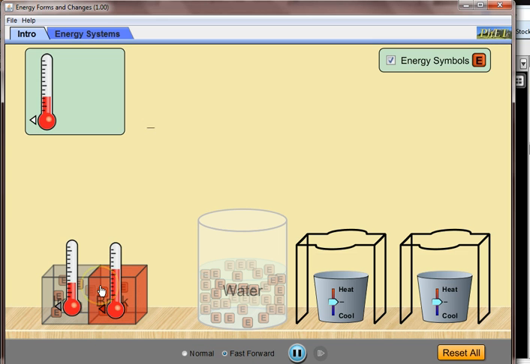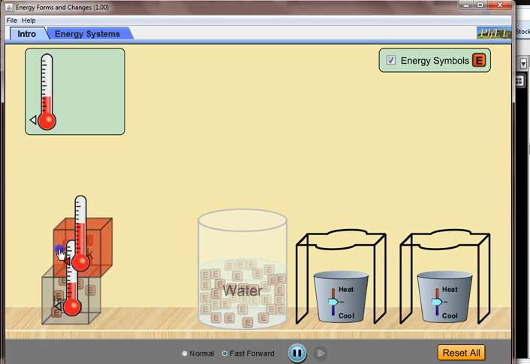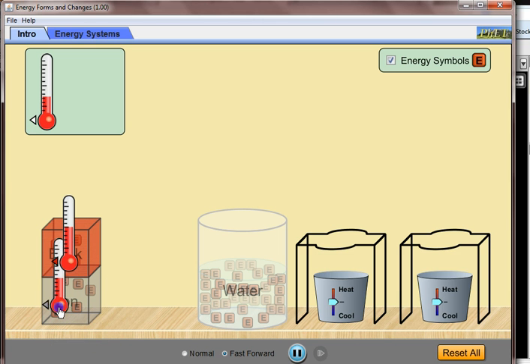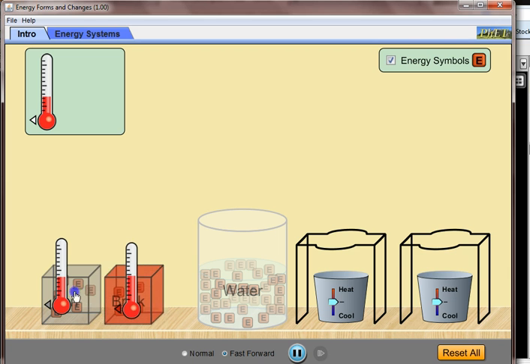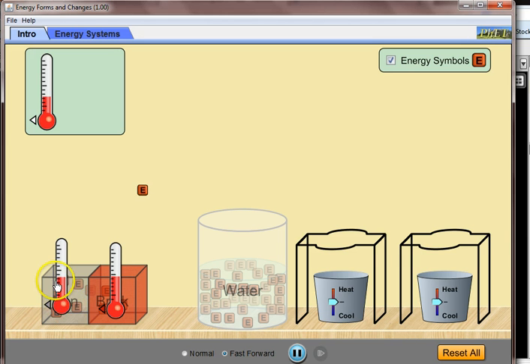Okay, so basically what is supposed to happen is that the temperature of this brick should decrease and the temperature of the iron should increase. I can't see that. Yeah, so now you can see that the temperature of the iron has increased. Now it is behaving the way it is supposed to, and the temperature of the brick has decreased.